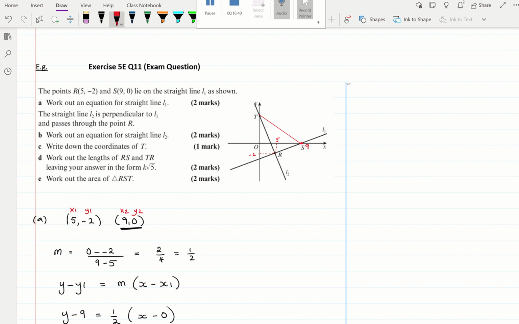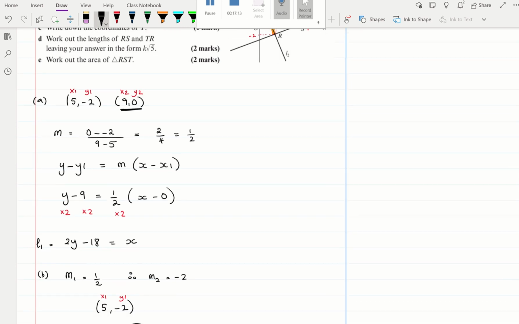Okay, so I would find what this point is, because that distance on the x-axis can be used as the height of the triangle, and the base is TR, which we have found. So that point is the point where L2 cuts the x-axis.